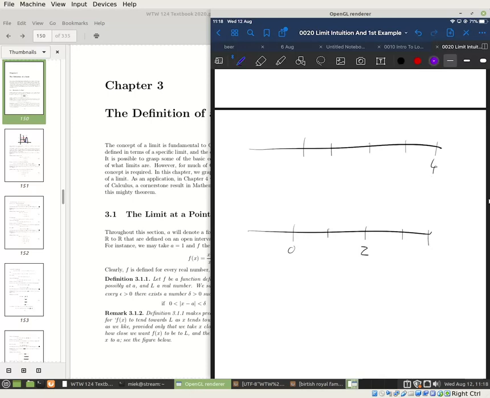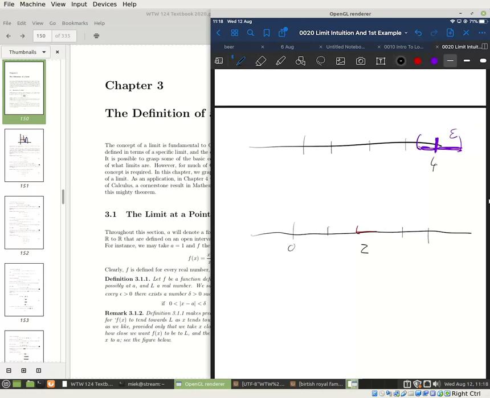For every epsilon, if we look at the interval of radius epsilon around our limiting value, in this case 4, we should be able to find a delta, so that if we look at the interval around 2, except at 2, then every value here maps into that interval.